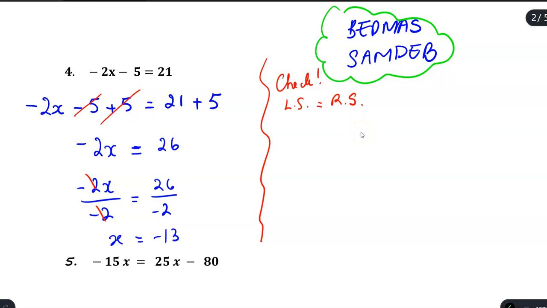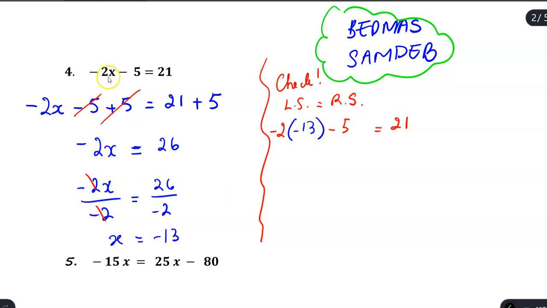So right-hand side is always equal to 21, right? But on the left-hand side, what you have is this operation. Now you are going to substitute the value of x in here, which is equal to -13. And then, according to this expression, you must perform BADMAS, right? So here's your BADMAS, once you have the actual value of x.